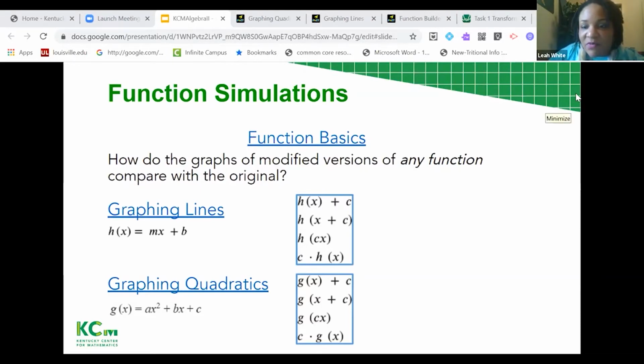Anyone else want to share? I see Stacy said in the chat, this will be great for tier 2 and tier 3 interventions. Absolutely. A way to extend and also to remediate instruction around this learning target. Anything else?